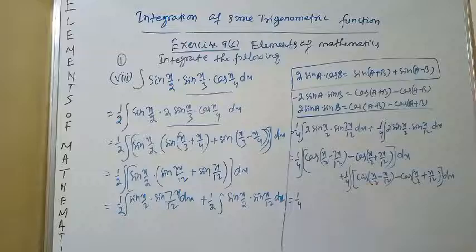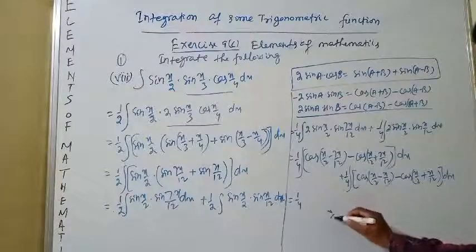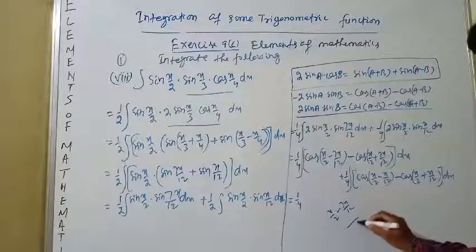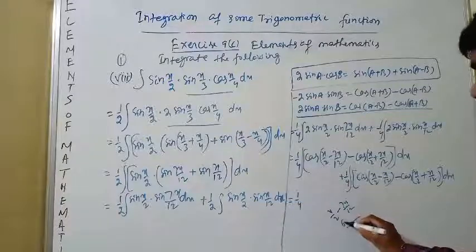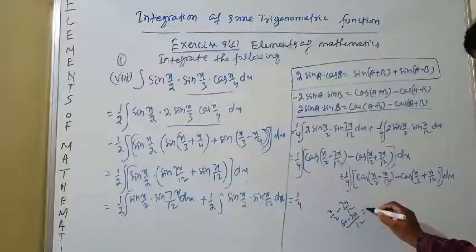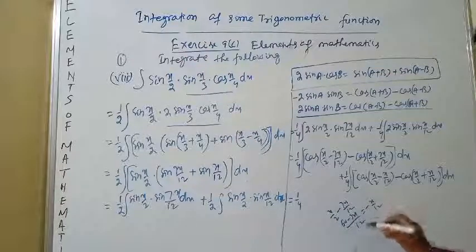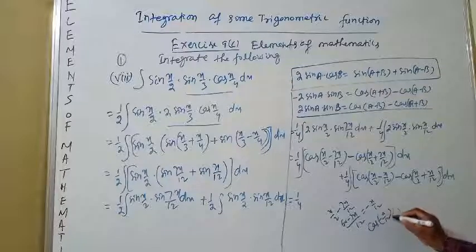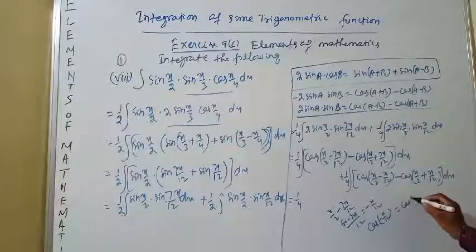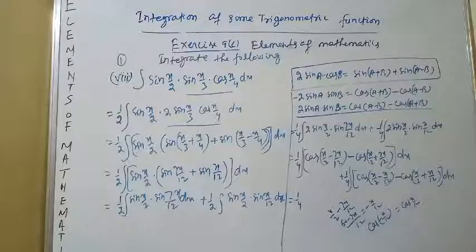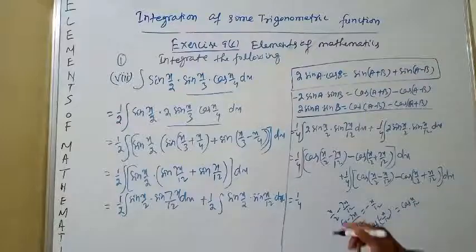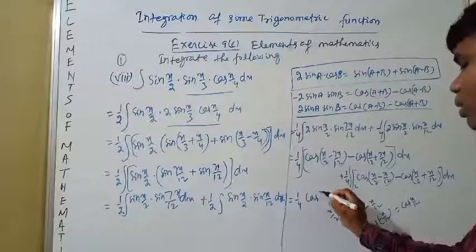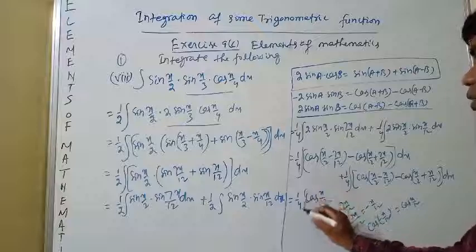You see x by 2 minus 7x by 12, LCM is equal to 12. You get 6x minus 7x is equal to minus x by 12. Cos of minus x by 12 is equal to cos x by 12. Why? Cos of minus theta is equal to cos theta. So directly write cos x by 12. Okay, integration.